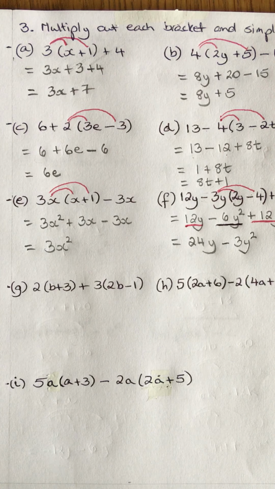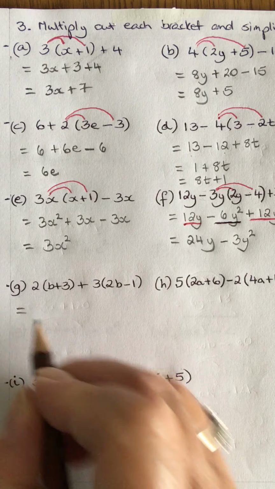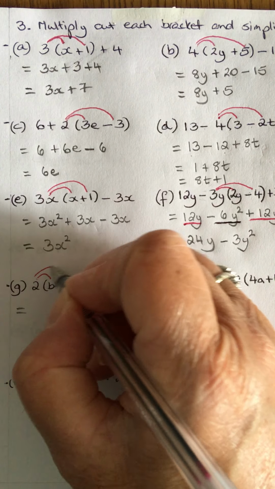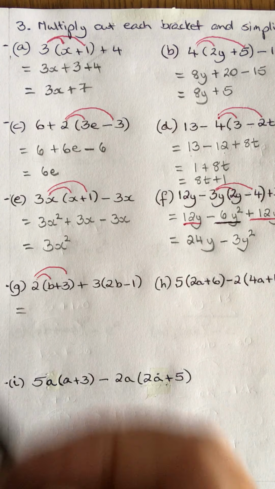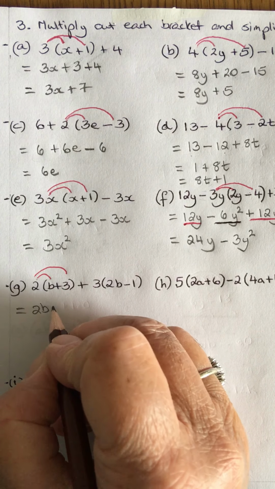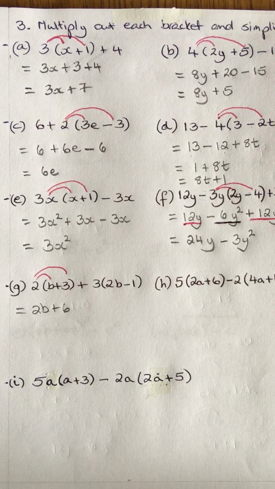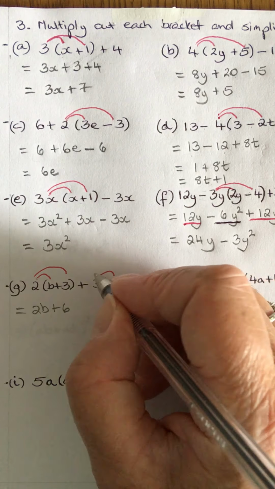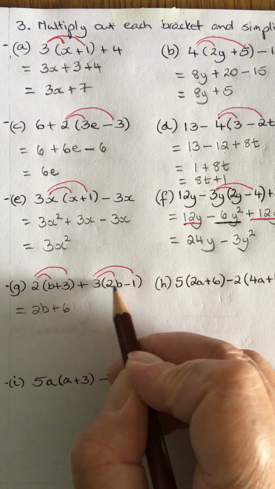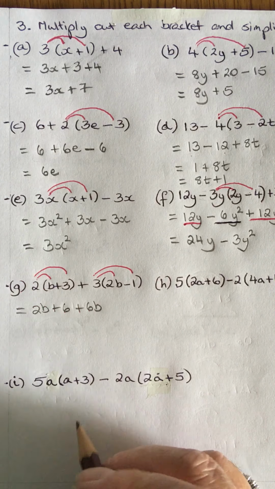So next one, we've got two brackets to multiply out and then tidy up. So you're going to multiply this bracket out first. 2 times b is 2b. 2 times 3 is plus 6. Then you're going to multiply out this bracket here. So positive 3 times 2b gives plus 6b.